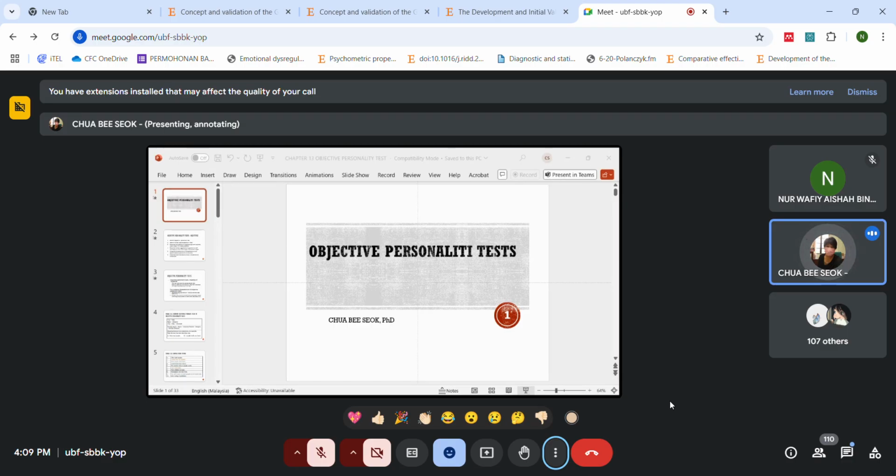Objective also means that the scoring does not involve any judgment. Like in an exam, there is an objective test where among the options, one option is the correct answer.